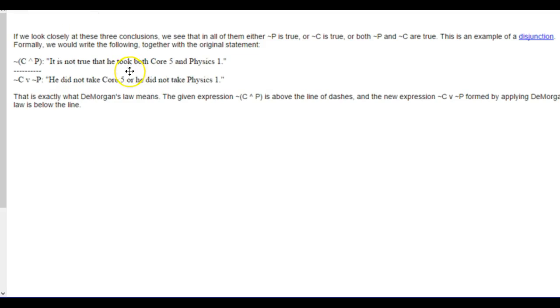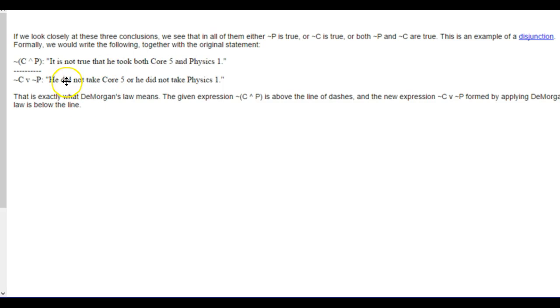So here's another way of looking at it. Given the expression in De Morgan's law, essentially what we're doing is switching the and to an or, and applying the not to both the C and the P. The first version was, it is not true that he took both Core 5 and Physics 1. Very awkward English sentence.